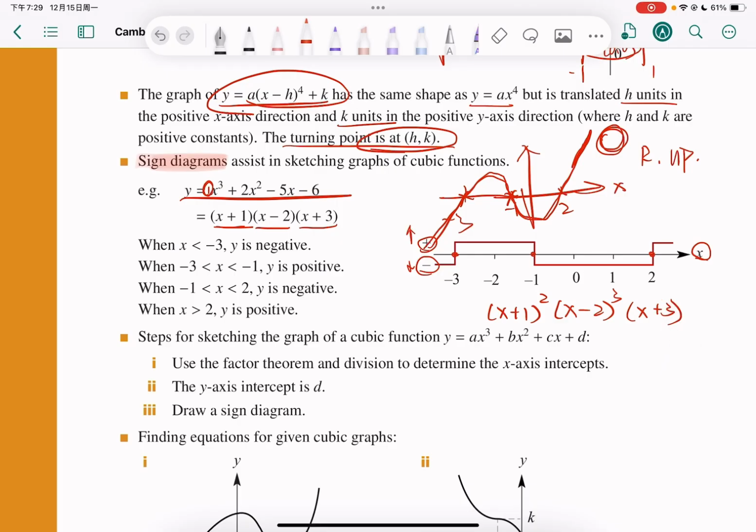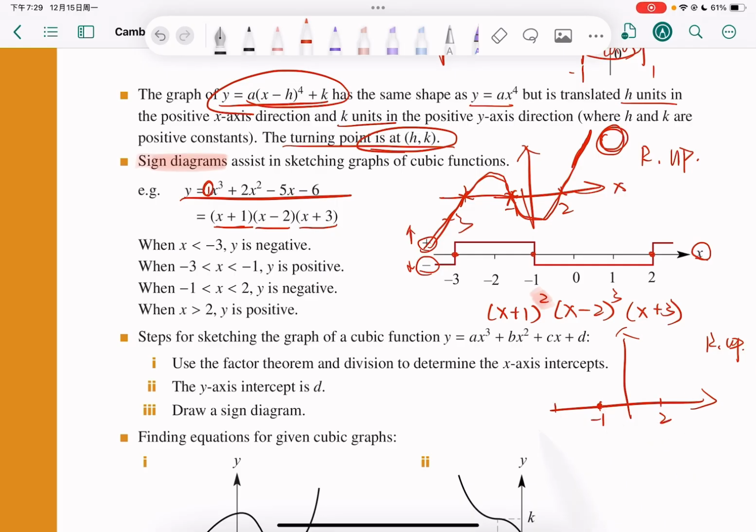So we also start from the right, up, because the leading term constant is 1 over here, which is positive. And note that it's a 2 over here as a power. So that means we do not actually cross the x-axis at the -1 point.